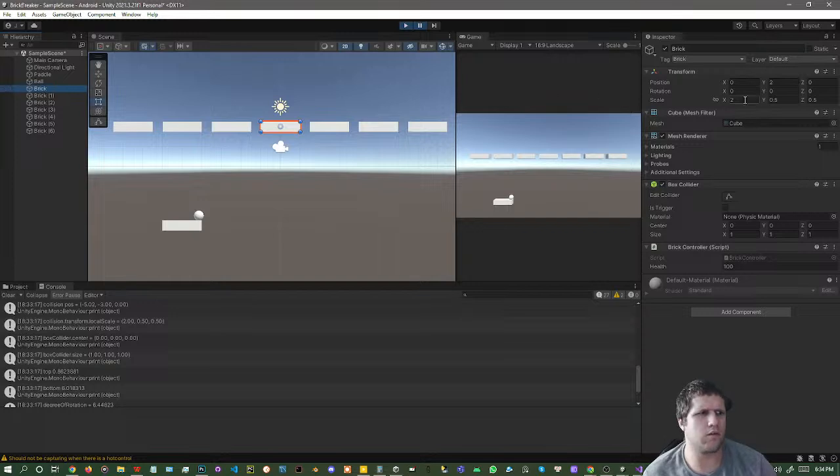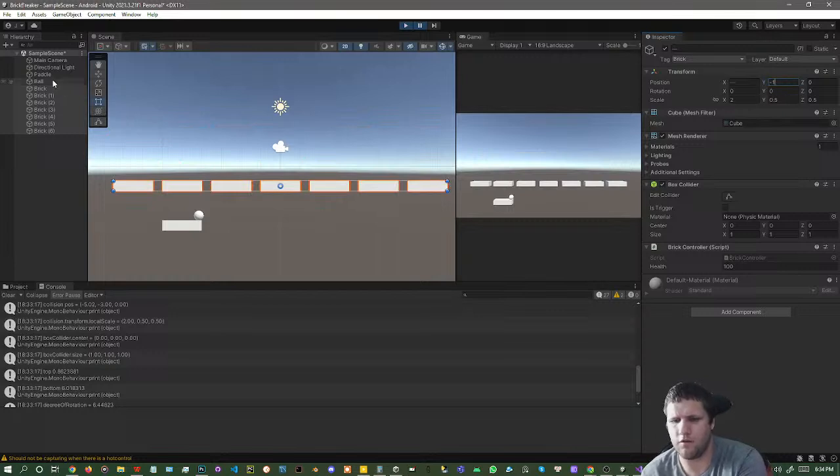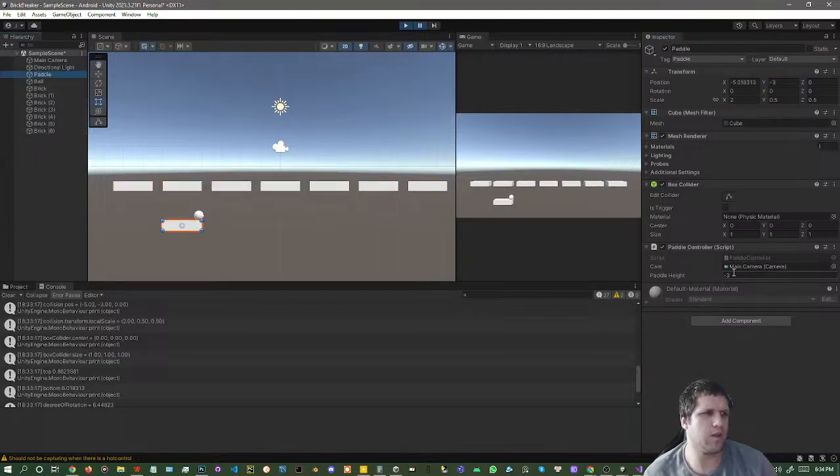Location. So what if I took all of my bricks and put them at -1, but I took my paddle and I put it at 5.